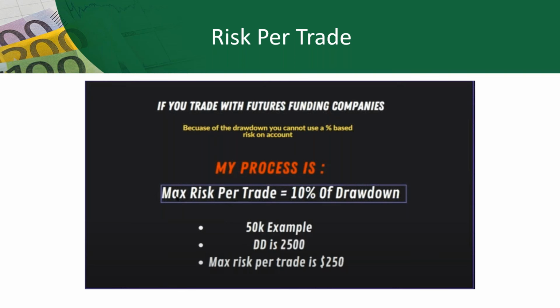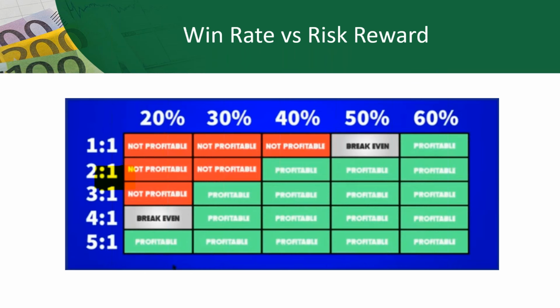So when I trade MNQ, I must trade MNQ, because if I traded 2 contracts on NQ, that's a 40 tick stop. That goes over my max risk per trade. So, your win rate versus your reward rate.